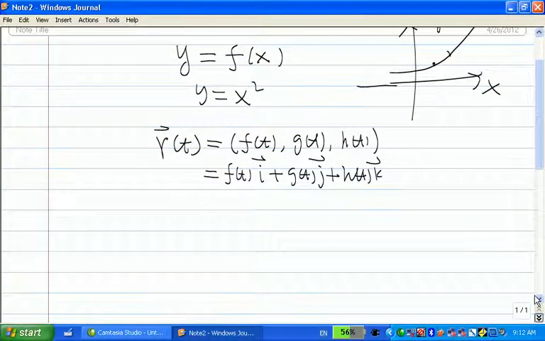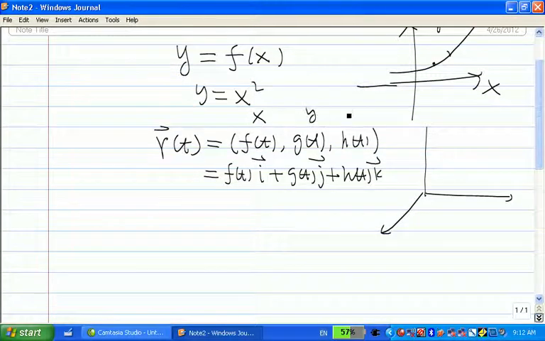We learned this in this class. So you can imagine, for this, really, is your x, y, and z. For a given t, you plug in these 3 functions, f, g, and h, and you will get a point (x, y, z). You got a point in the space.